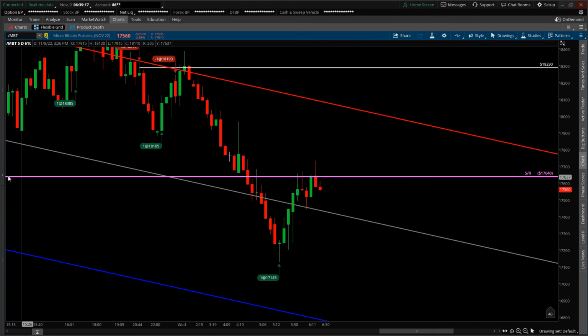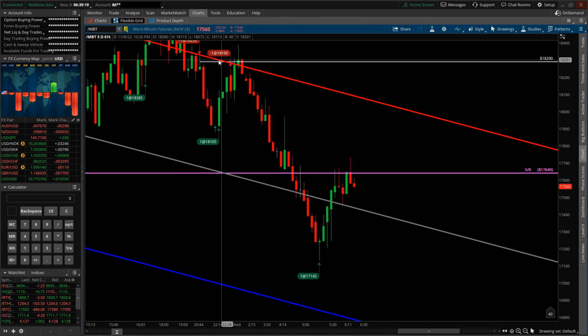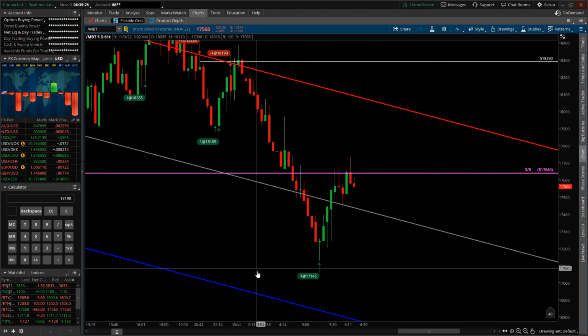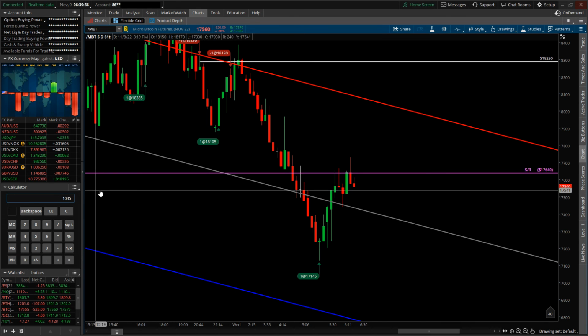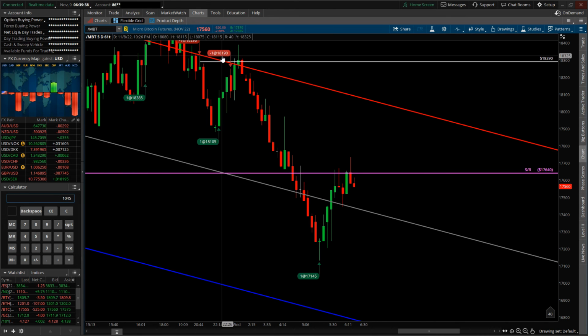So just to go back to this trade, my entry price was 18,190, and my exit price was 17,145. So I'll subtract that, 1,045. So the spread between my entry and my stop is $1,045.